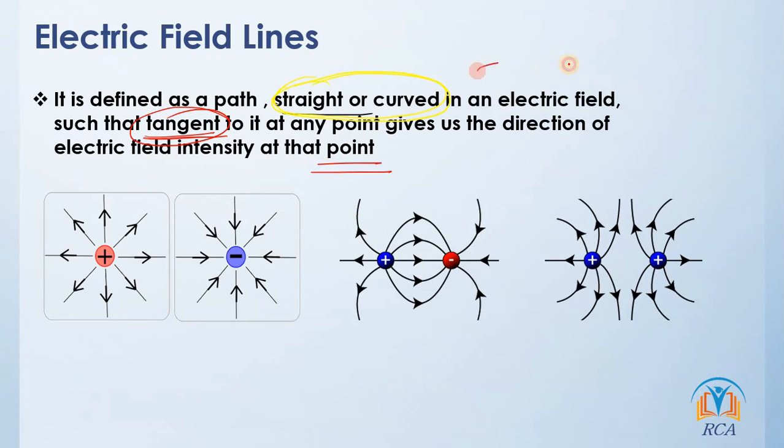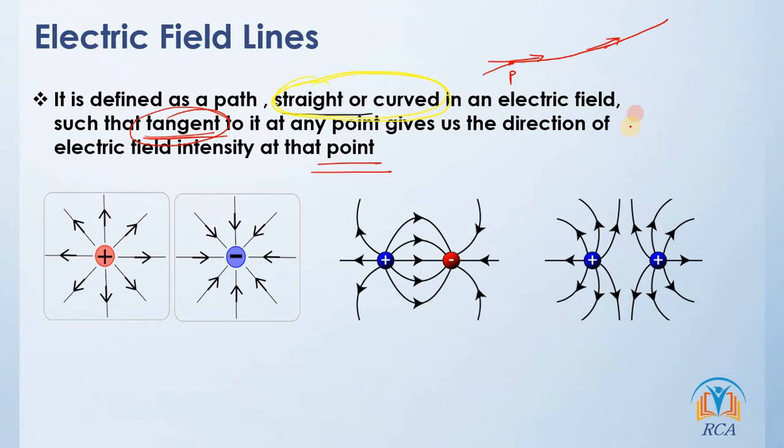That means if you have a curved line, and you have to find the electric field intensity at point P, I just draw a tangent at that particular point.